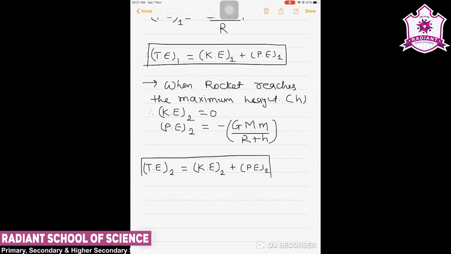Now we can compare equation 1 and equation 2.